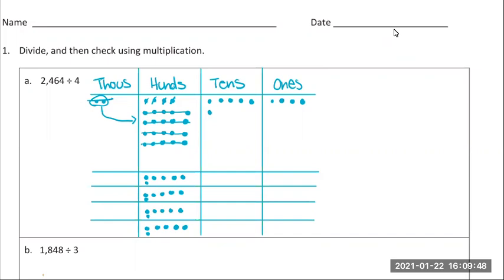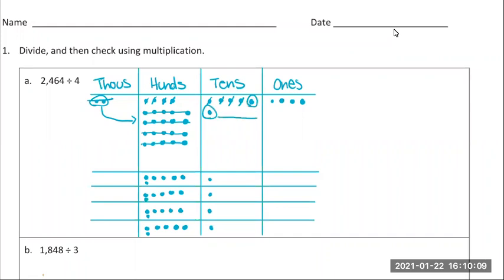Now in our tens place, we have 6 place value discs, so we can divide those into groups. 1, 2, 3, 4. And then I have 2 left, so I cannot divide any more because I don't have enough.